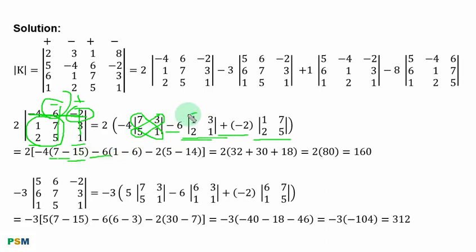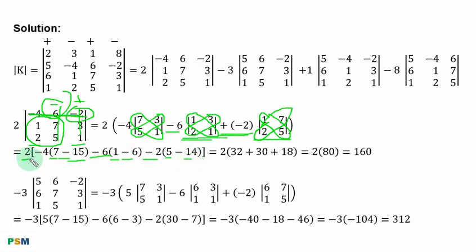You take the product of the main diagonal, that is 1, minus the product of the second diagonal, that is 6. Plus -2 is -2. Then you take the product of the main diagonal, that is 5. Difference is minus the product of the second diagonal, that is 14.